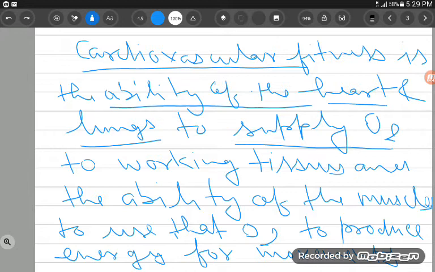It is the ability of heart and lungs to supply oxygen to working tissues.